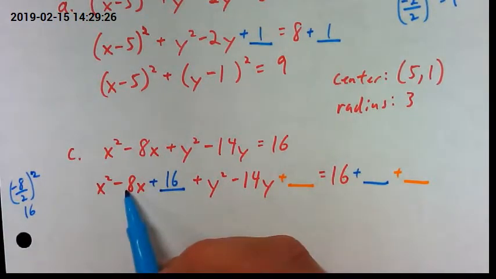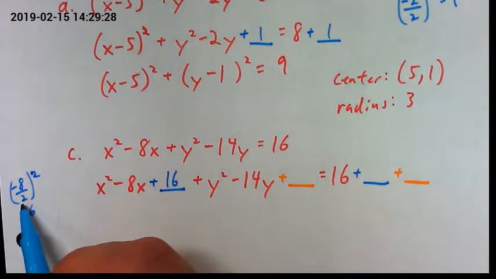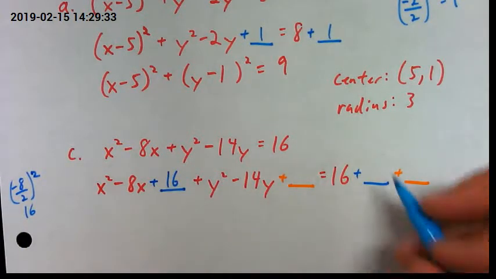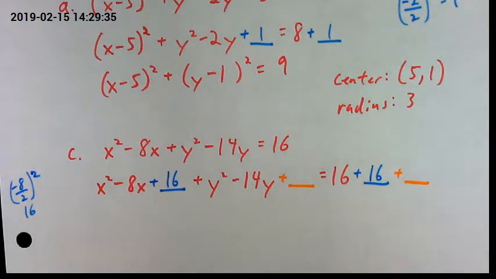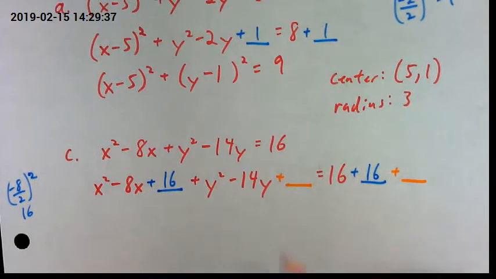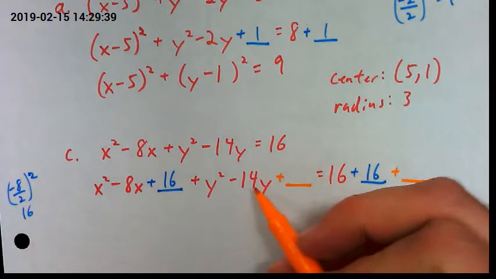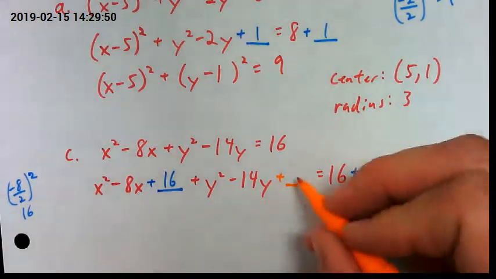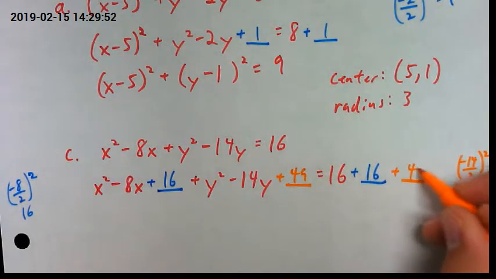So again, like I said, negative 8 divided by 2, and then squared gives you 16. So that's what we plugged in. Again, you plug it in to both sides. Then you had the negative 14, that's our b value for the y's. So what do you get when you do negative 14 divided by 2 and squared? 49. All right, so 49 is what you're plugging in on the other side.